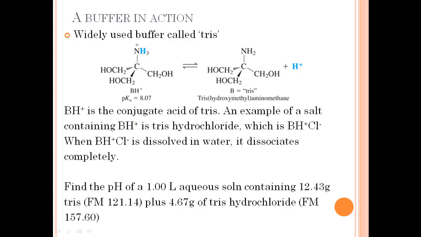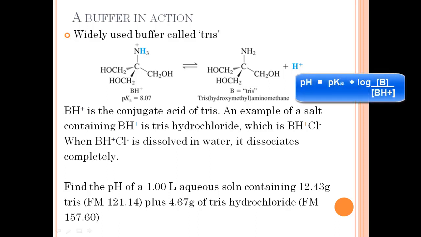Now, the question reads, find the pH of a 1 liter aqueous solution containing 12.43 grams of tris, they give you the formula mass, plus 4.67 grams of tris hydrochloride with its formula mass. The keyword here is tris. If you see that, you should be able to realize, okay, this is probably dealing with a buffer, so let me go ahead and write the HH equation.